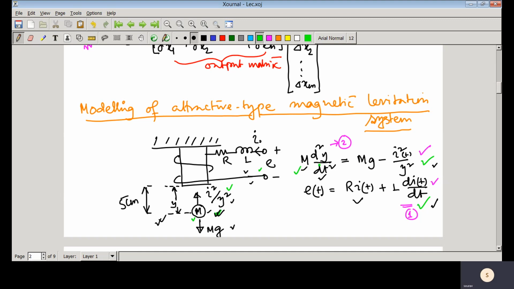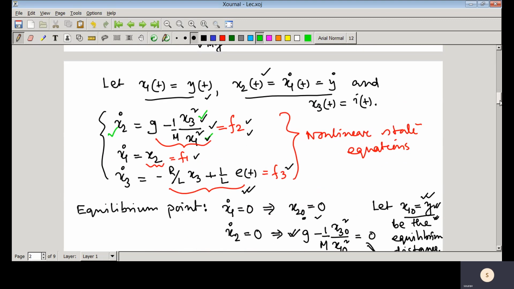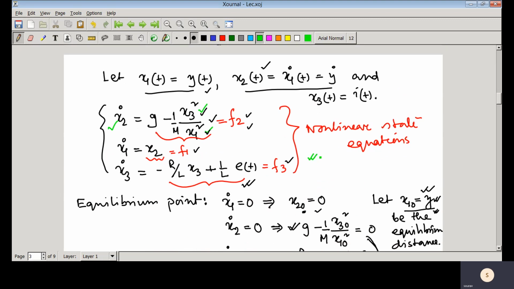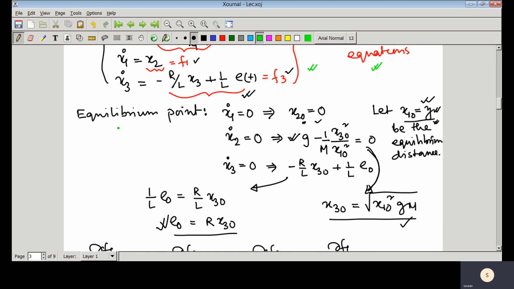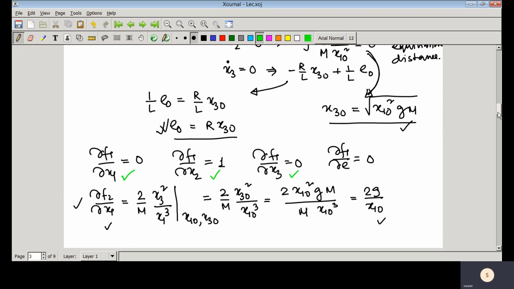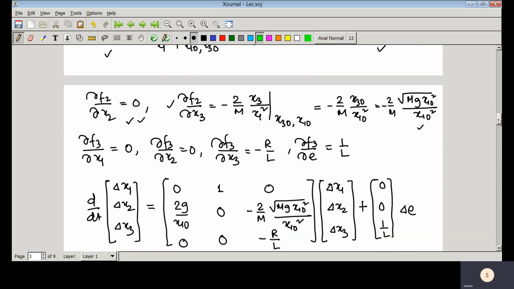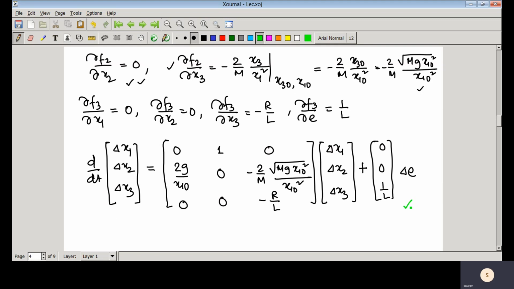So we have this force equation, and we have KVL for the winding, and finally we get the nonlinear equation. We defined three state variables, that is distance, velocity, and current, and from there we got the nonlinear state equations. Then we calculated the equilibrium points, and with respect to those equilibrium points we linearized the system.